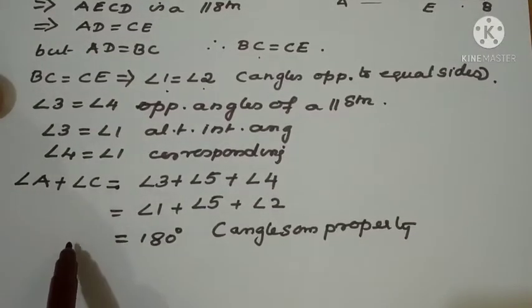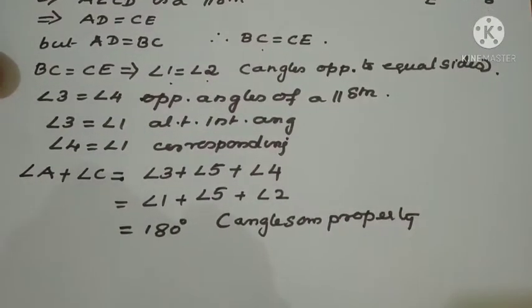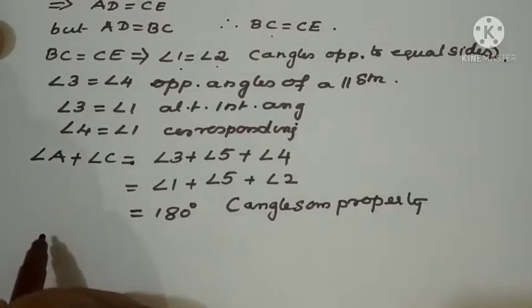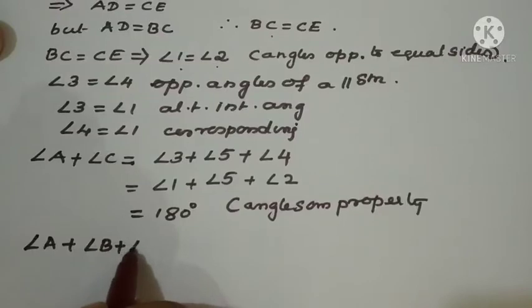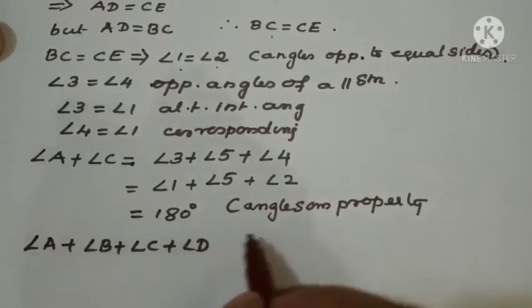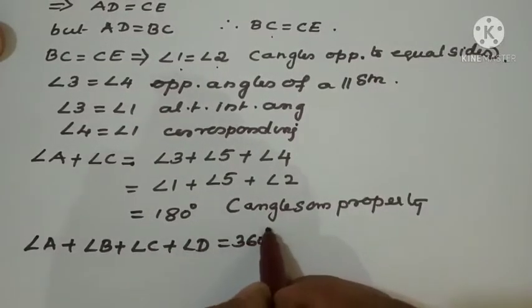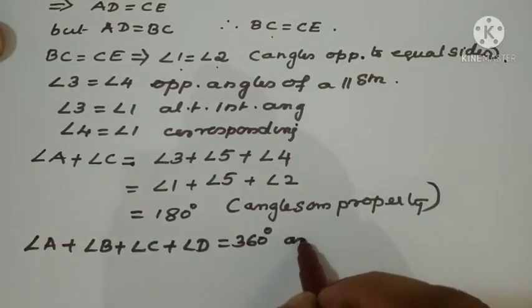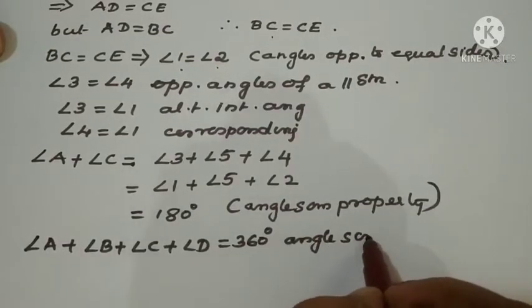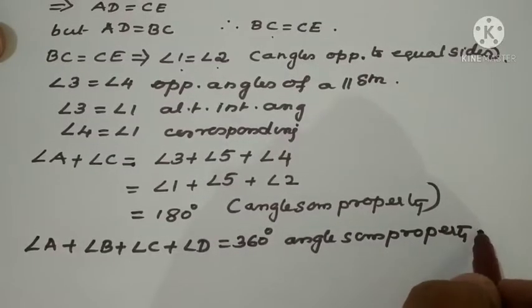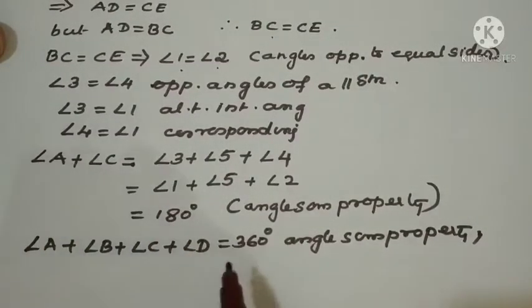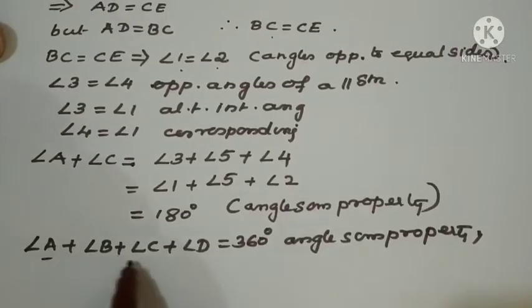Now we got that angle A plus C equal to 180 degrees. We know that angle A plus B plus C plus D is 360 degrees, because of the angle sum property. Now what is angle A plus C? It is 180 degrees.